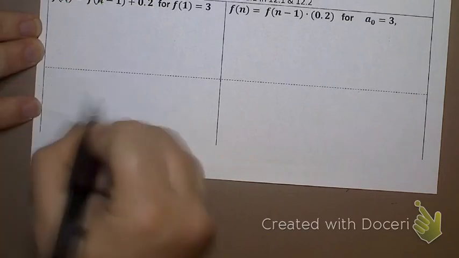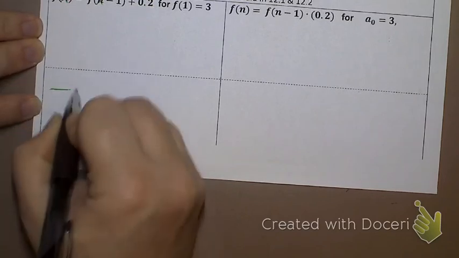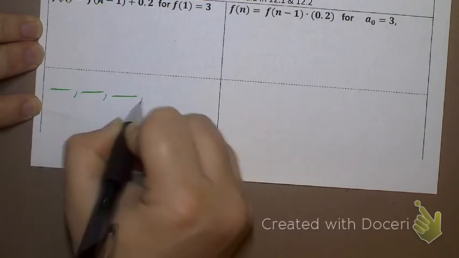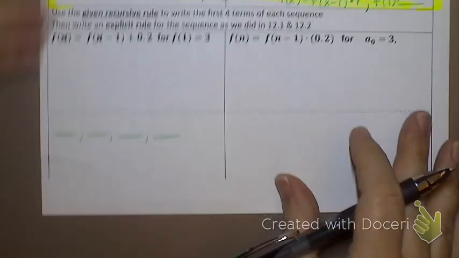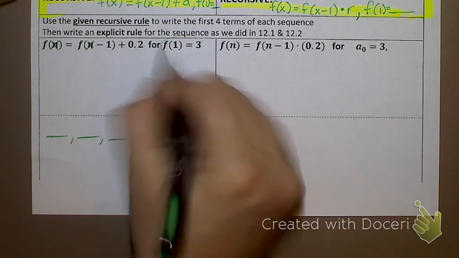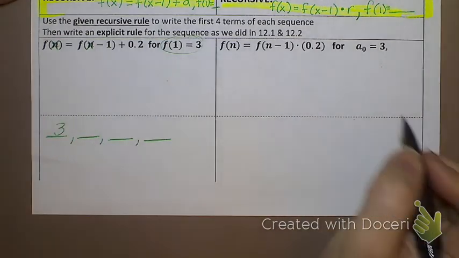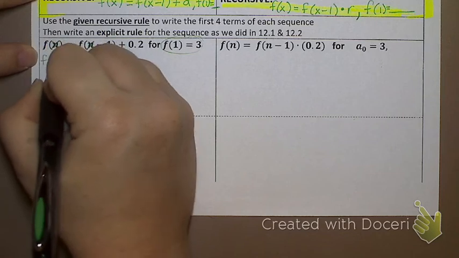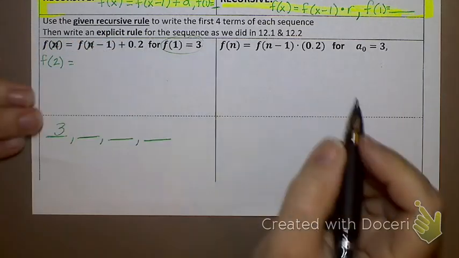I'm going to put my answer down here in this box: 1, 2, 3, 4. I like giving myself blanks to fill in. What goes in the first blank? 3, because they gave me 3, didn't they? Now, if I want to find the second term, how am I going to do that?